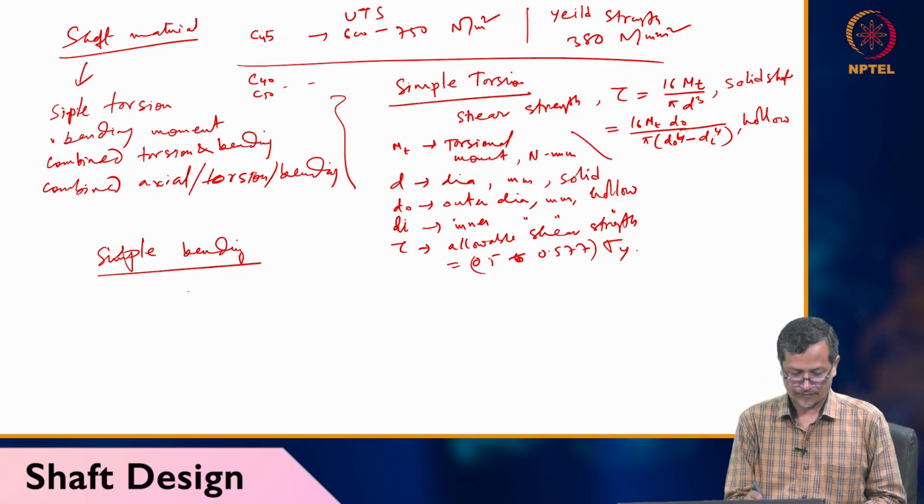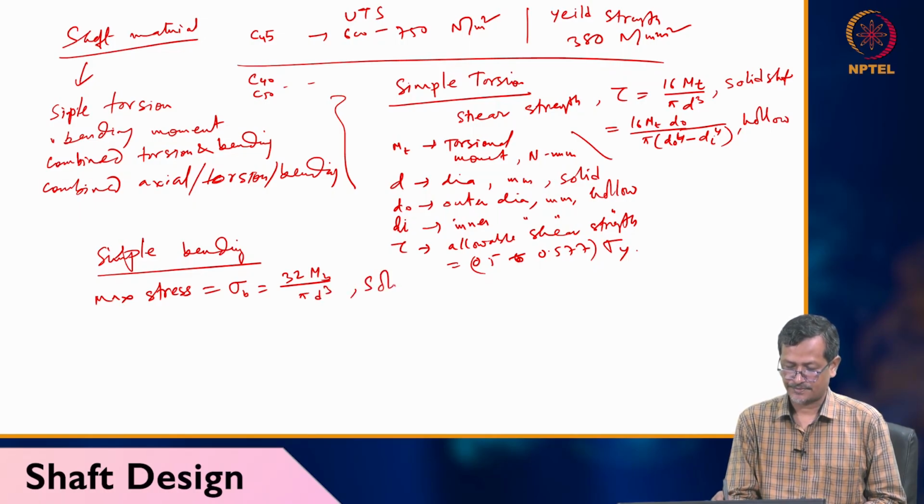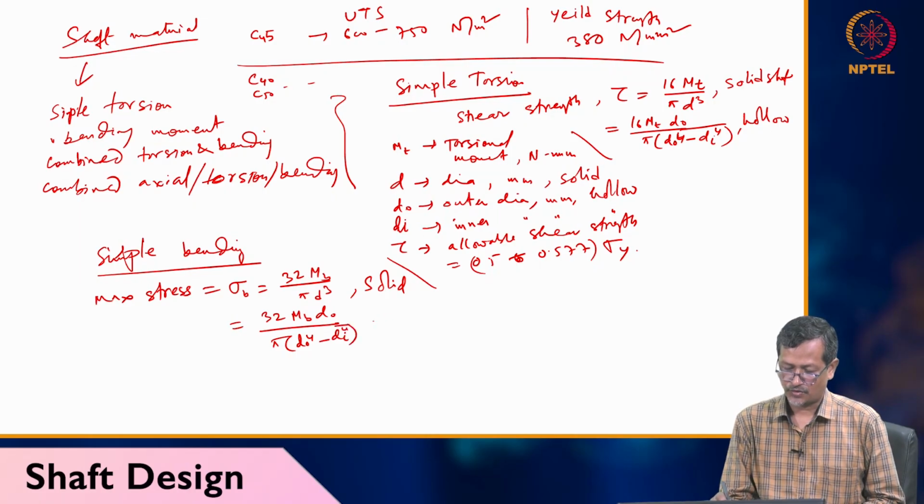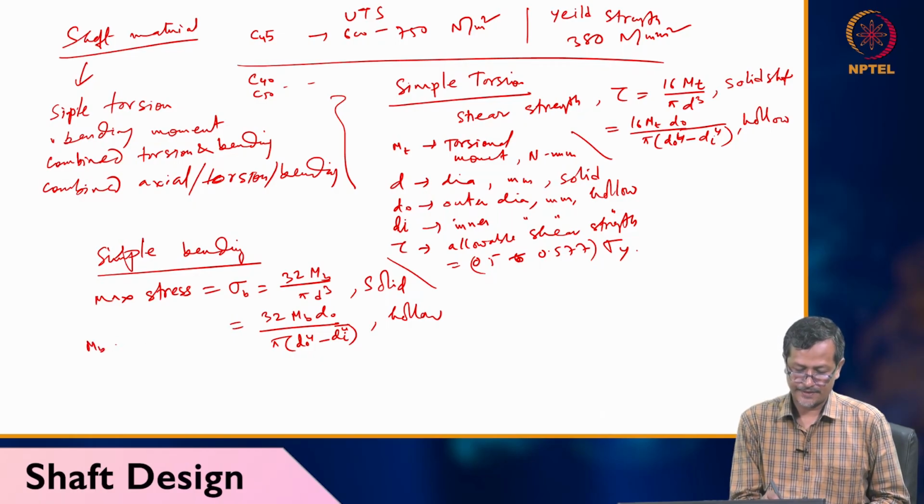The maximum stress, sigma b, equals 32 Mb by pi d cube for a solid shaft, and equals 32 Mb do by pi (do power 4 minus di power 4) for a hollow shaft. Mb is your bending moment.